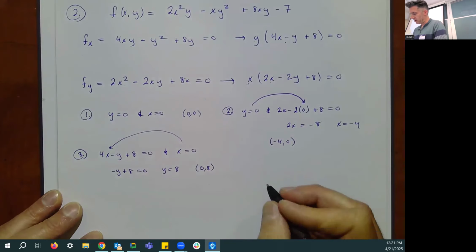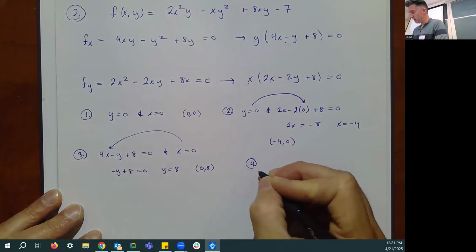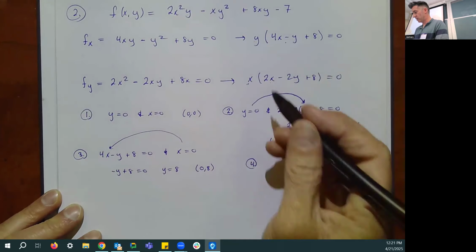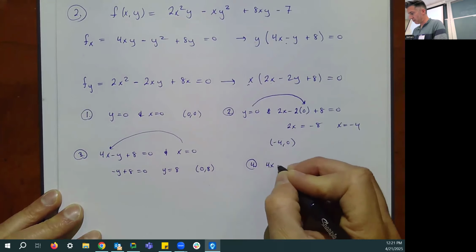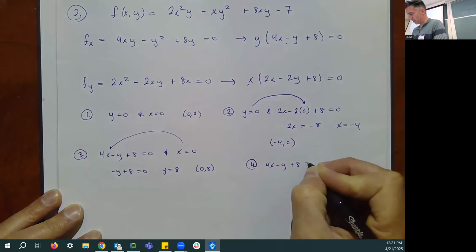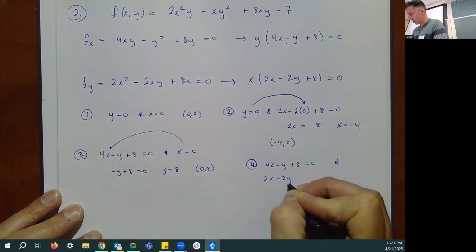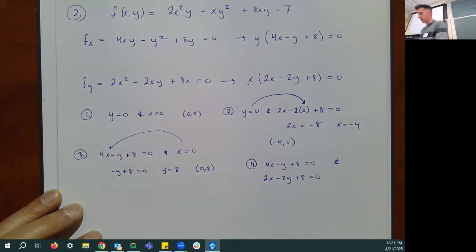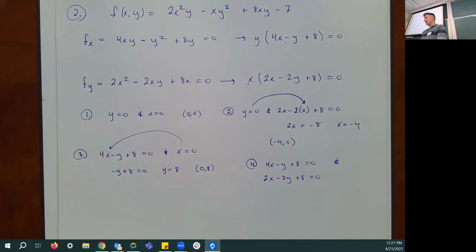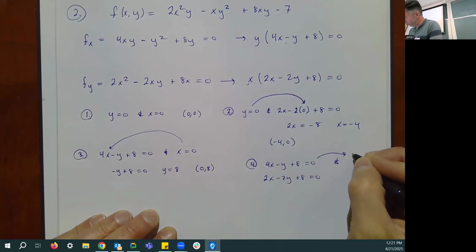And finally, the last one, the most difficult one, setting both of the harder factors equal to 0. So we're setting 4x minus y plus 8 equal to 0, and 2x minus 2y plus 8 equal to 0. In this case, I'd probably choose to solve this first one for y, because there is a y all by itself that doesn't have a coefficient different than 1. So I'd put the y on the other side and say y equals 4x plus 8.